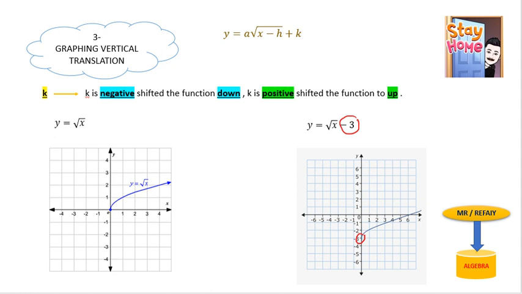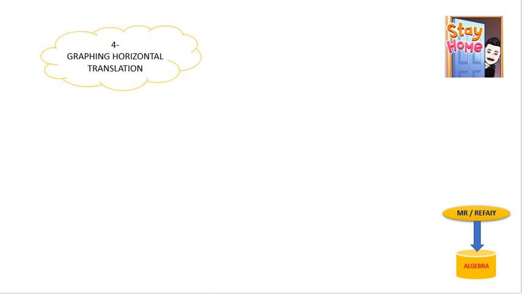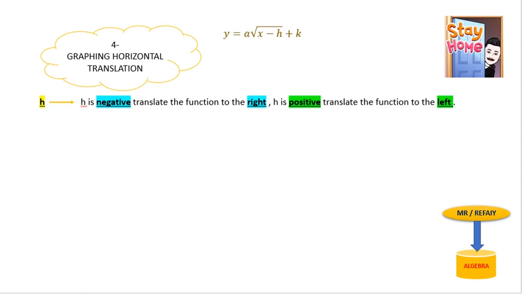Number 4, graphing horizontal translation. Also, you have to look at the same formula, which is y equals a root x minus h, plus k. The horizontal graphing depends on the value of h.